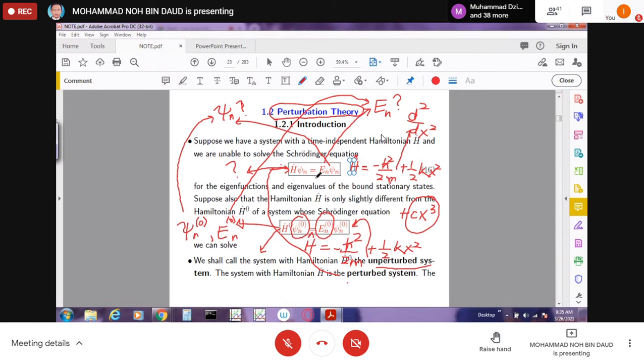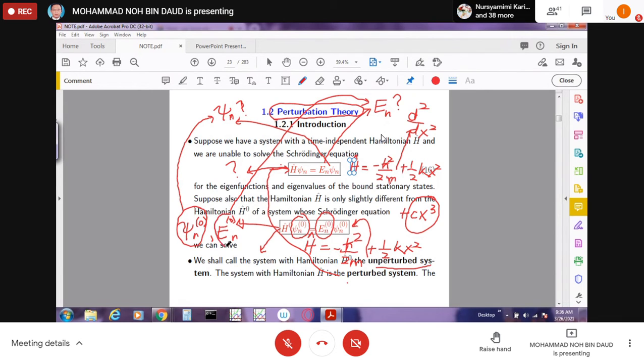The one we cannot solve, we want to solve approximately using perturbation theory, in order to get the approximate energy and the approximate wave function.